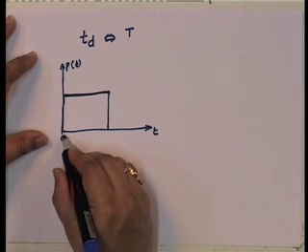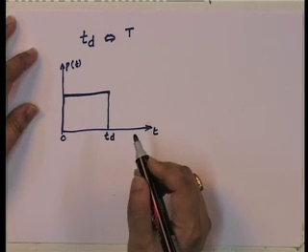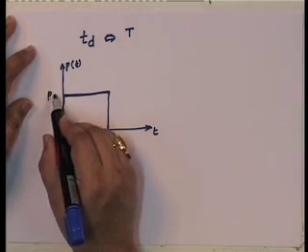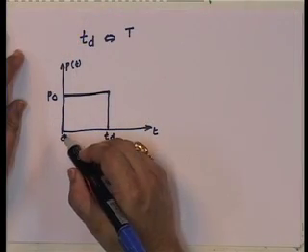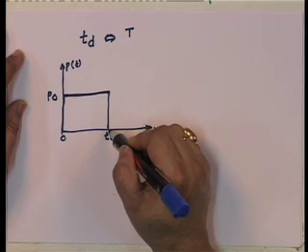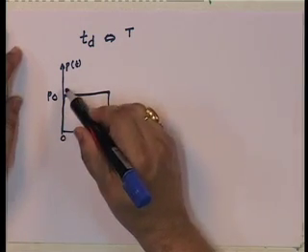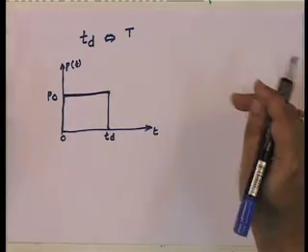This starts at 0 and ends at T d. The loading is P 0. It starts at 0, stays P naught till T d, and then at T d it goes to 0. Obviously, the rise and the fall are instantaneous. This is a mathematical abstraction.